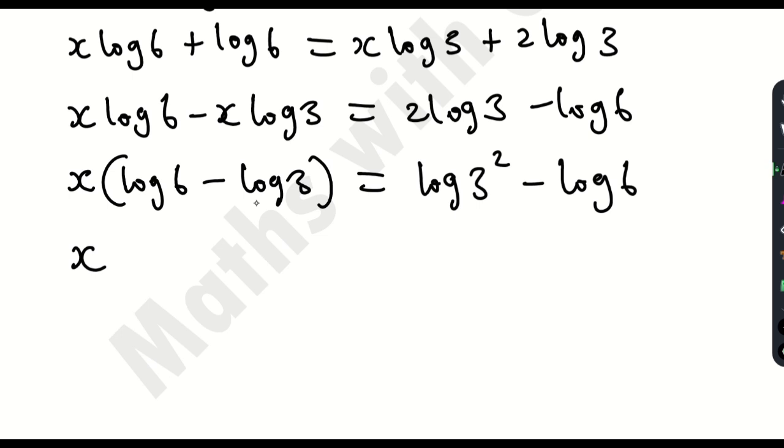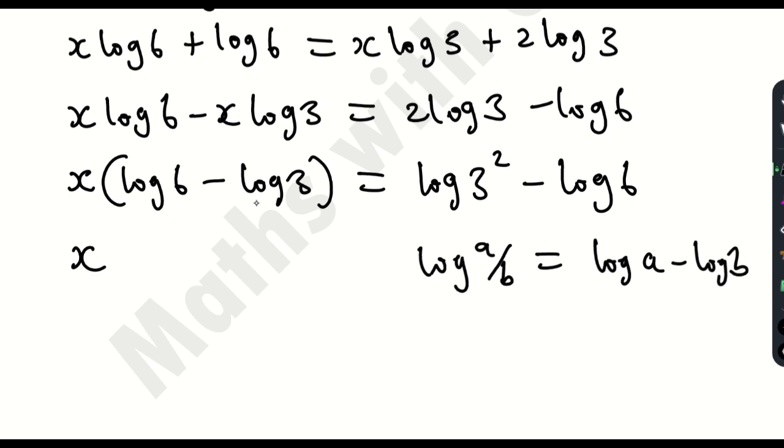So x, I can apply one of the laws of logarithm. If you have log a over b, this can be expressed as log a minus log b. So because of this division, you change it to minus, but you now have to have a logarithm of this a as one of the arguments, then the other logarithm will have b as the argument, as the number or the value that is with the logarithm.